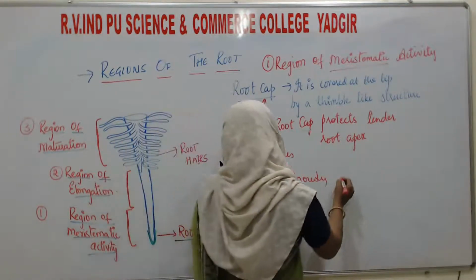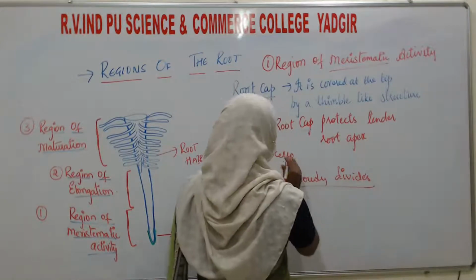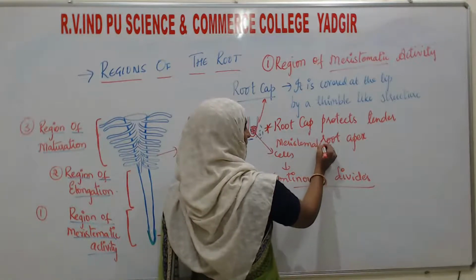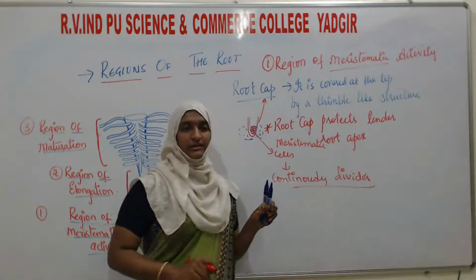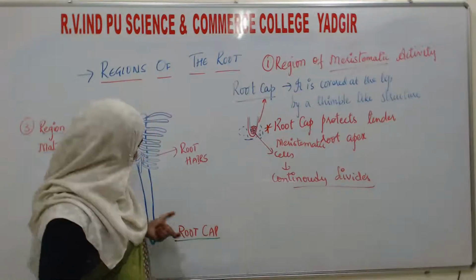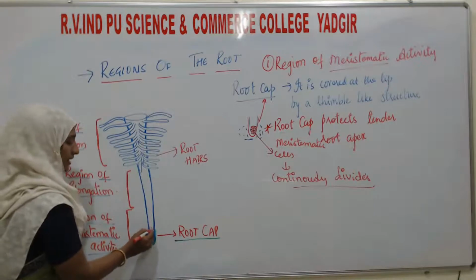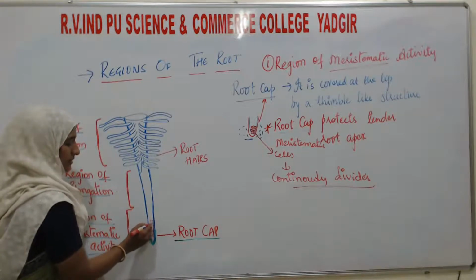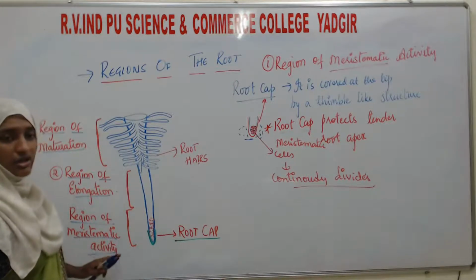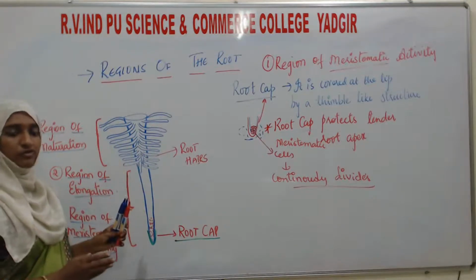These cells are known as meristematic cells. That's why in this region the cells are continuously dividing, and that's why we call it the region of meristematic activity, in which the root cap also comes.